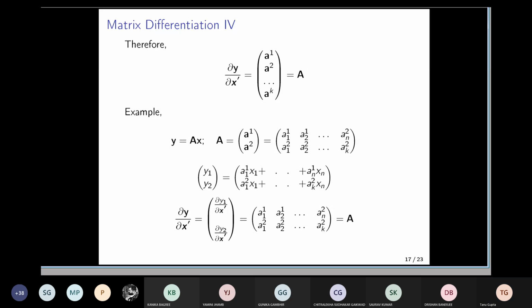So A1 is a row vector with elements A11, A12, up to A1n, and A2 will be A21, A22, up to A2n.